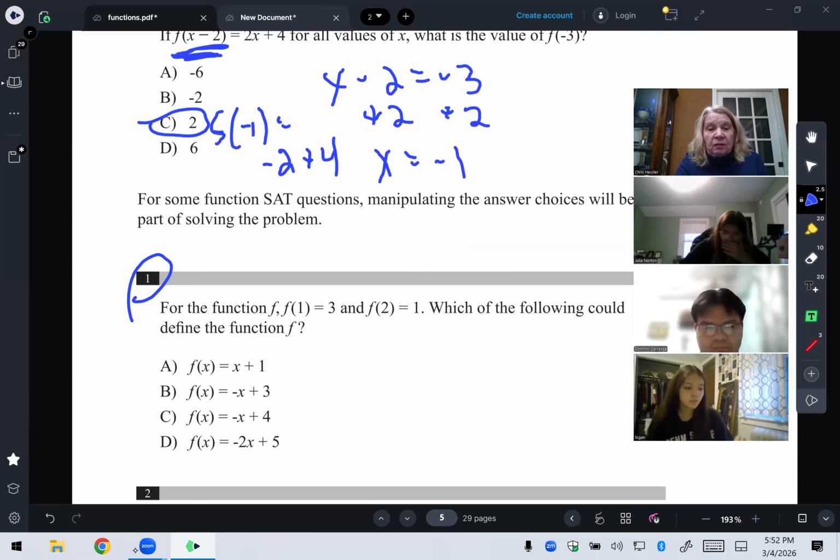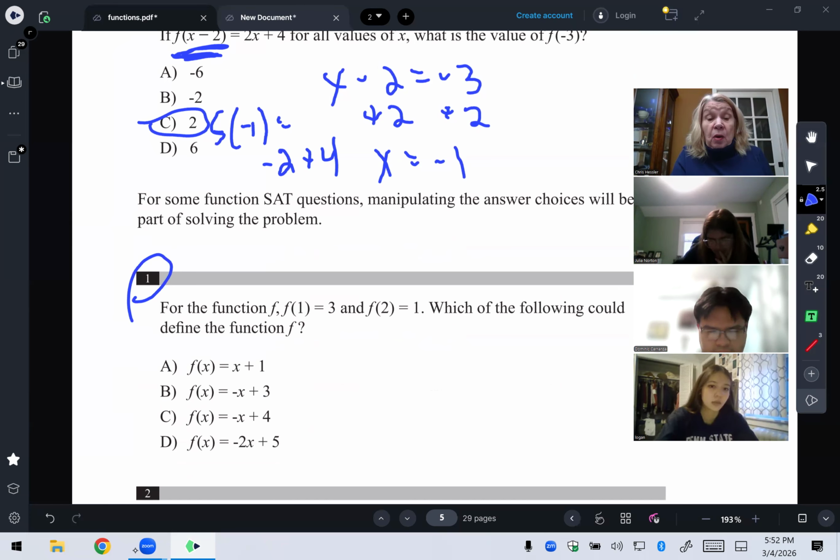For the function f, if we put in a 1, we get out a 3. If we put in 2, we get out a 1, which could define the function. Well, one strategy is just to put the numbers in. So if we put in a 1 here, we don't get 3. If we put a 1 here, we get a 2, so that doesn't work.